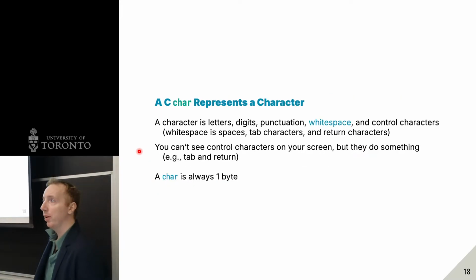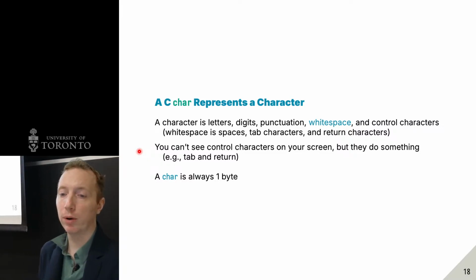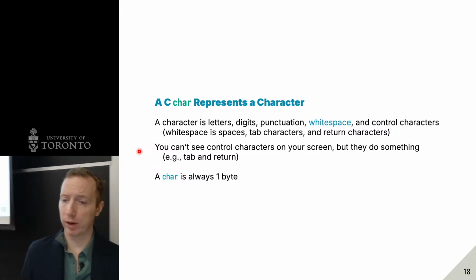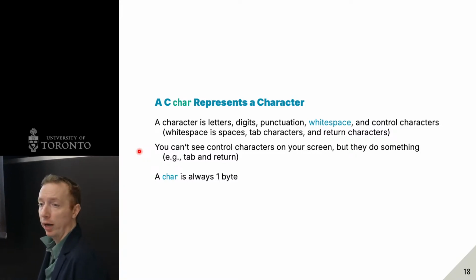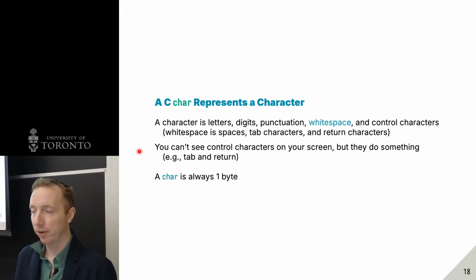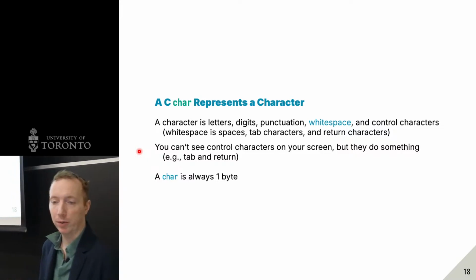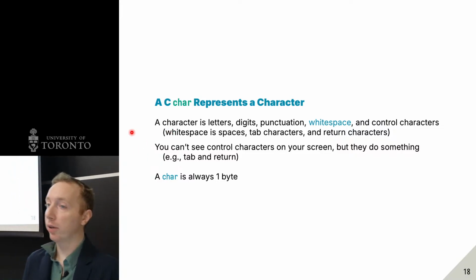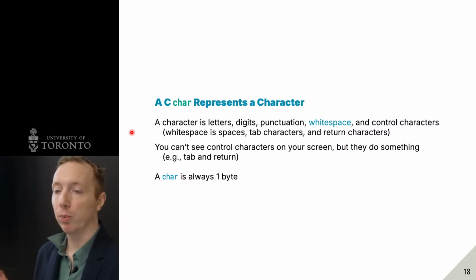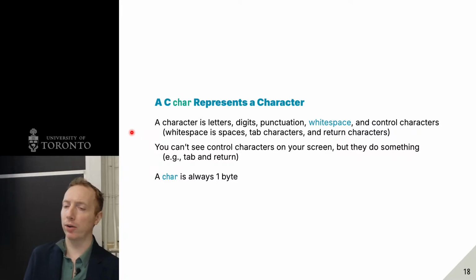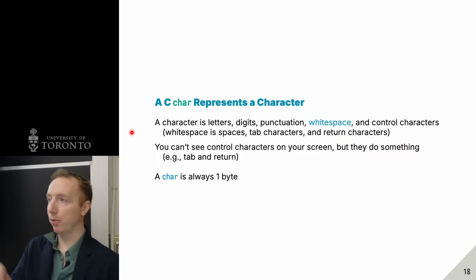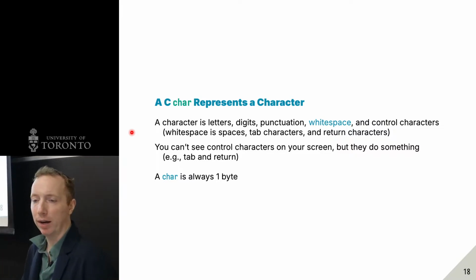So other types in C that we will be using in this course, one's called a char. We have to shorten everything for some reason. Char is short for character, which is supposed to represent something on a US keyboard. Again, C started off as being very simple and US centric. So a character represents letters, digits, punctuation, something called white space, and control characters. White space is like spaces, the tab characters, return characters, anything that kind of modifies text.